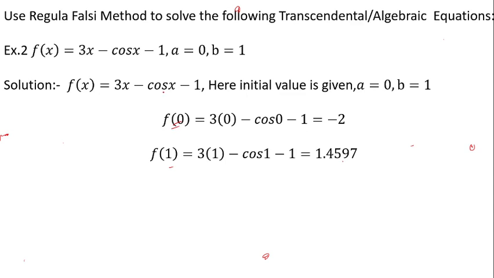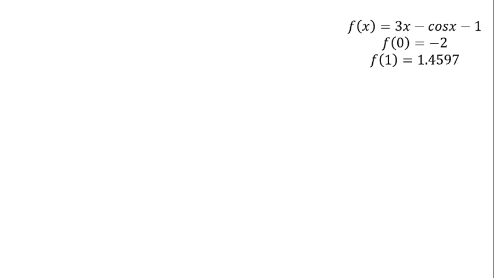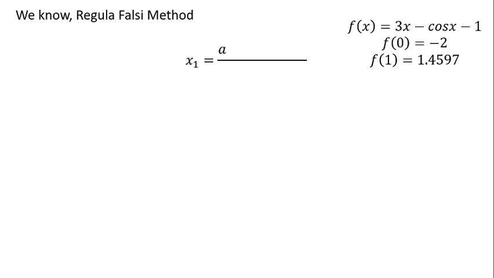Now this is negative, this is positive, right? So we can say that the root lies between 0 and 1. We'll write the regula falsi method formula again: x1 is equal to a into f of b minus b into f of a, divided by f of b minus f of a.